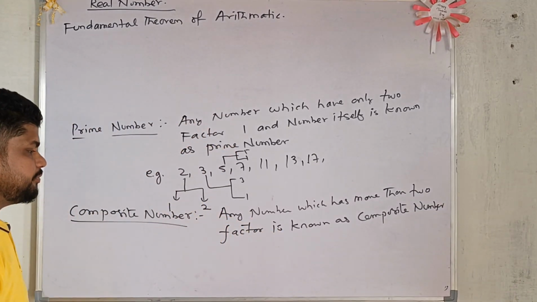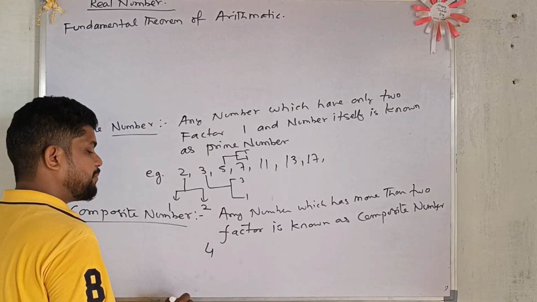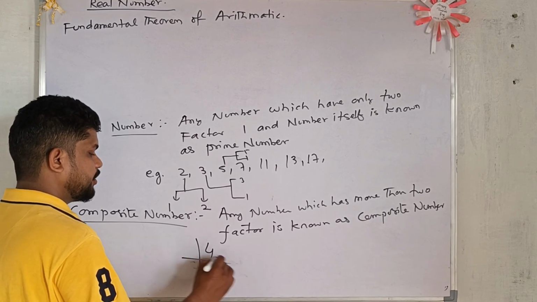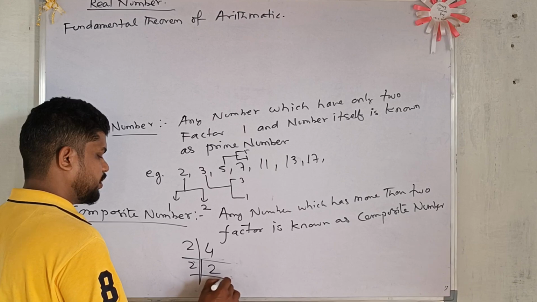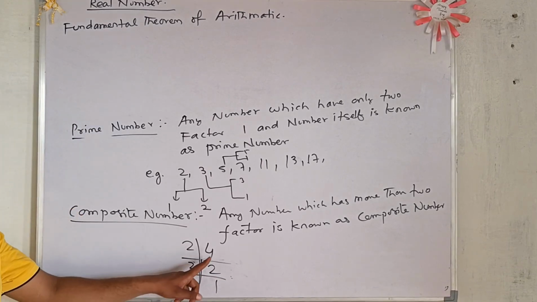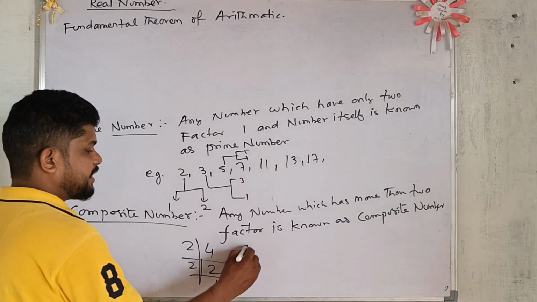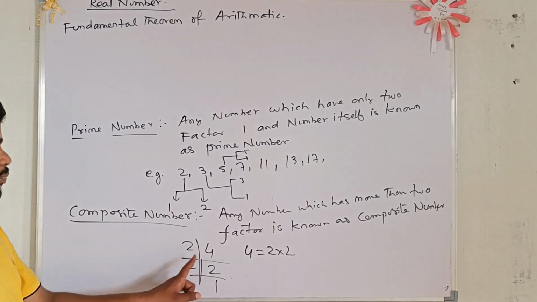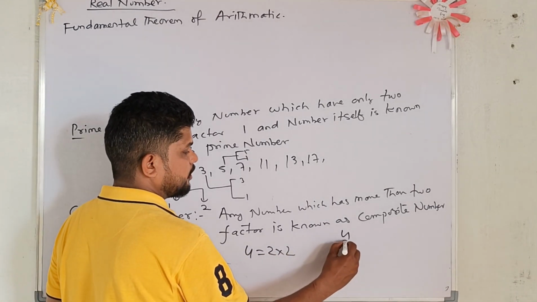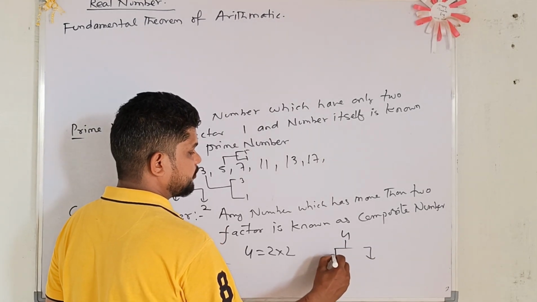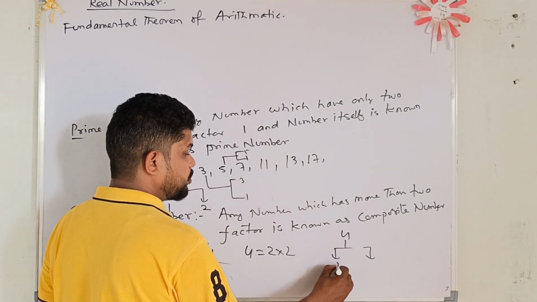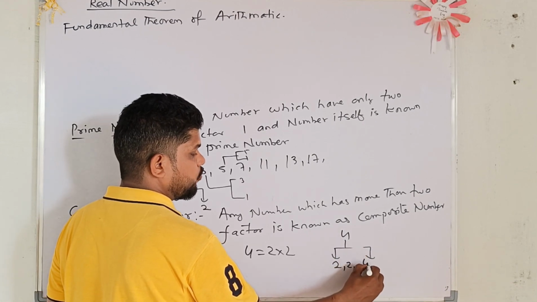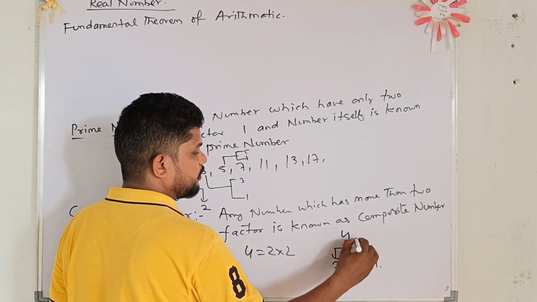For example, 4 has factors like 2, 2, 1. When we give the prime factorization of 4, we get 4 can be written as 2 into 2. So 4 has the factors 1, 2, and we can write 4 as 4 into 1.